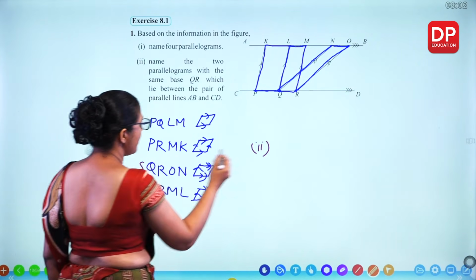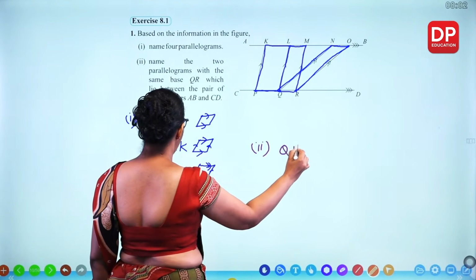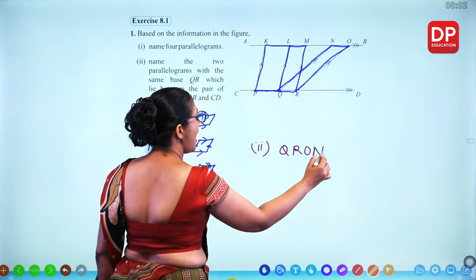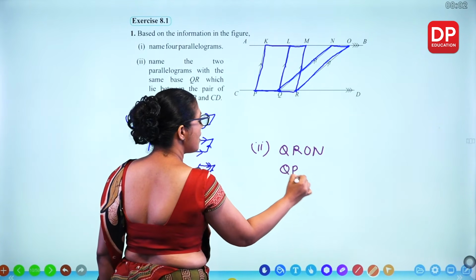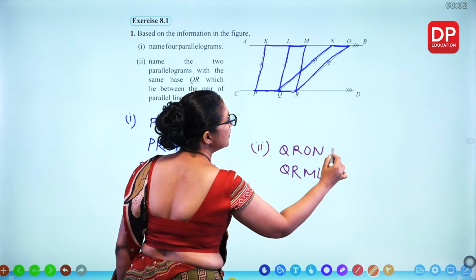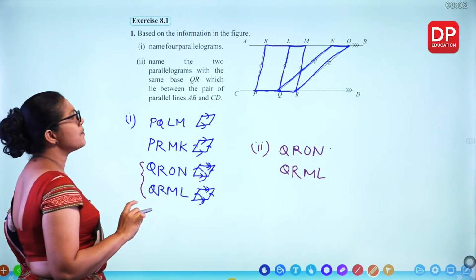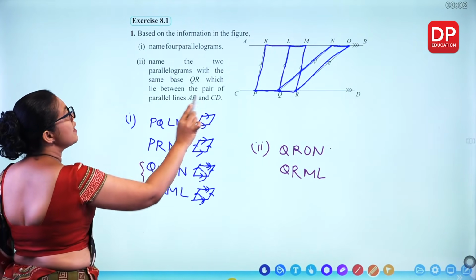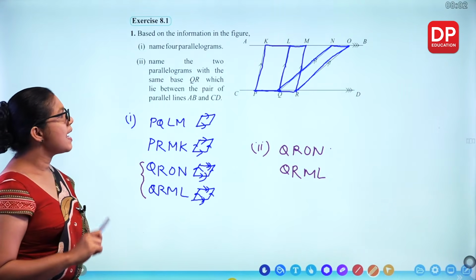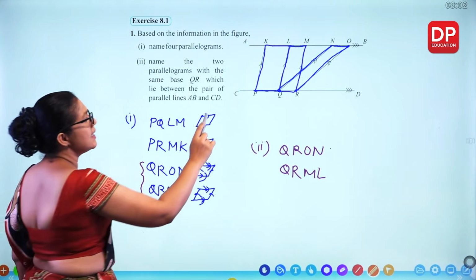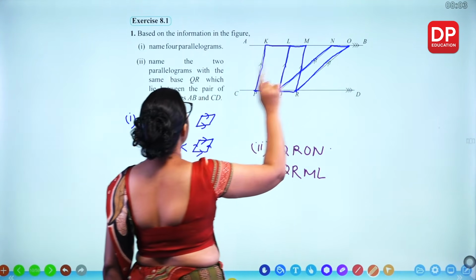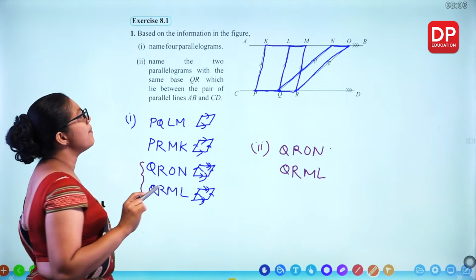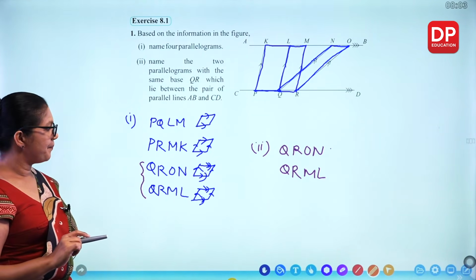What are the 2 parallelograms? QRON and QRML. These are the 2 parallelograms between the same parallel lines AB and CD. This is CD and this is AB and the same base QR.